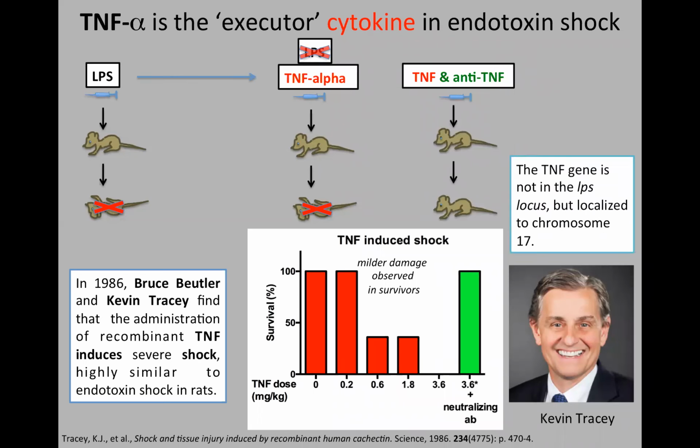So Kevin Tracey afterwards decided that it's another kind of material which must be present in our body, which is responsible for the lethal action if TNF is gone by a couple of hours. So what is responsible for the later death of animals if this TNF is gone?